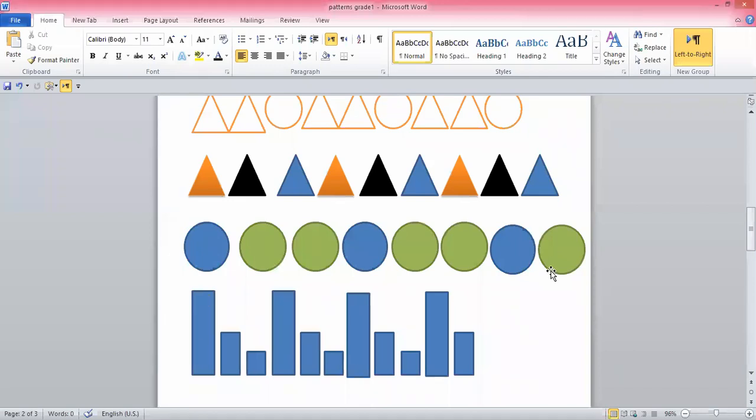You will not say blue, because in the pattern, one circle is blue, then there are two circles which are green. So you will say, sir, one blue and two green. One blue and two green is the pattern. So you need to draw one more green ball after that. You cannot draw a blue circle here.